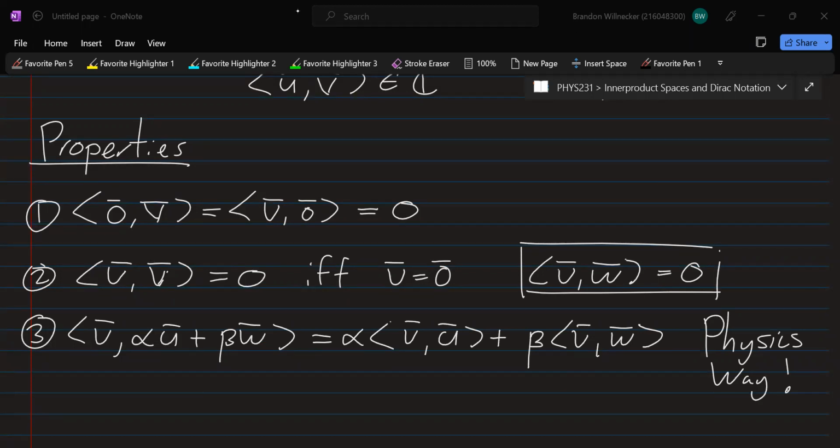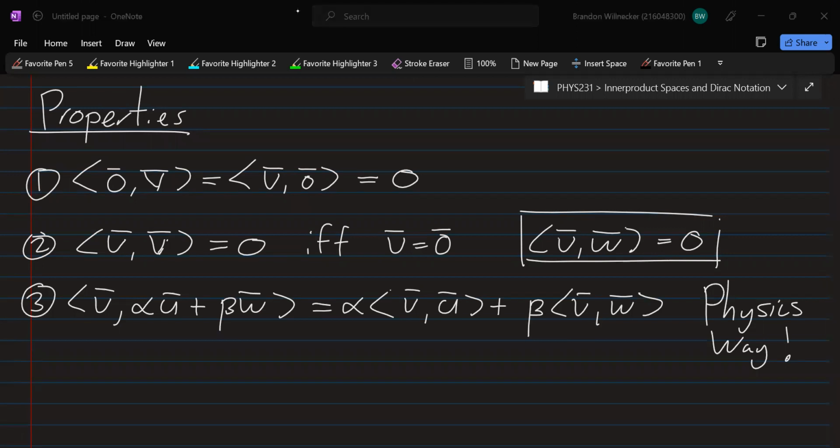Linearity in the first slot is commonly used in maths notation. In physics, we have linearity in the second slot. Please keep that in mind if you're looking at online solutions from a maths textbook, where it is the other way around. Since this is a physics course, we're going to stick with the physics way of doing things.